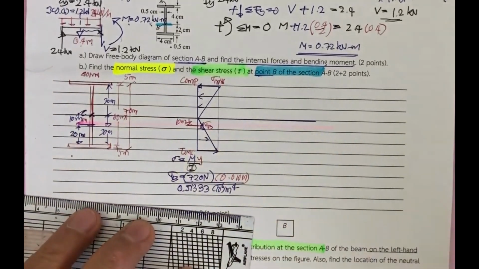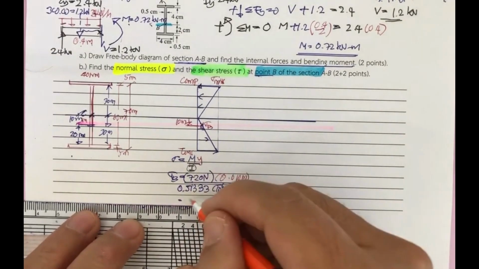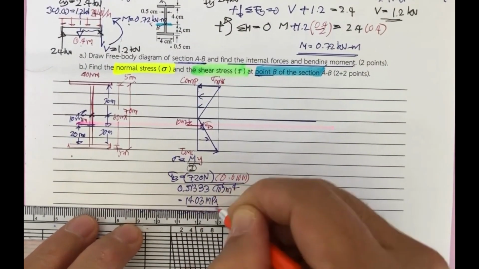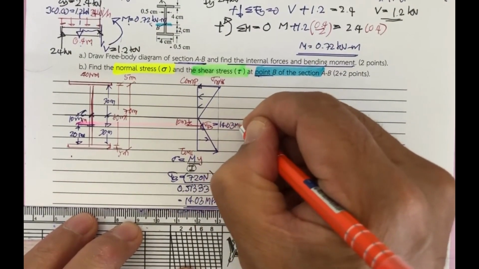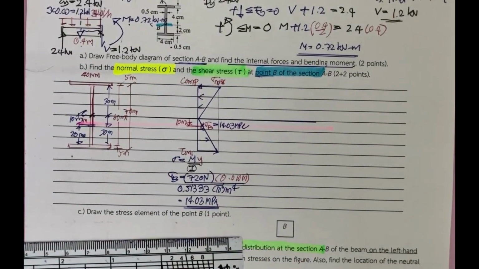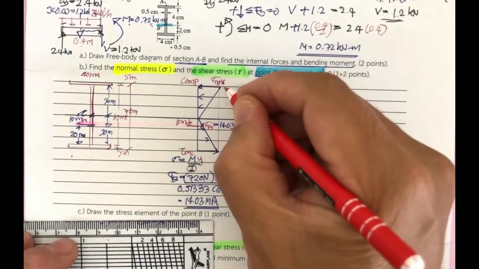You put this into your calculator, and you will get the stress here of 14.03 megapascal. That is the value of this.